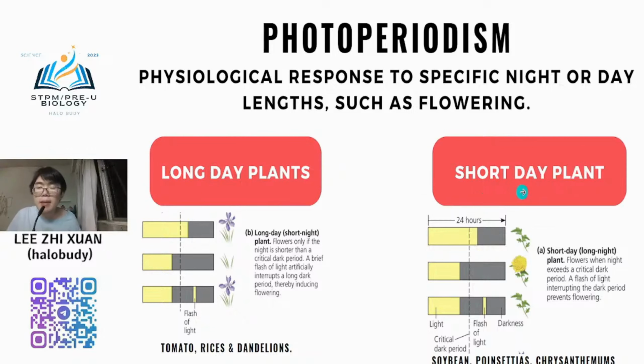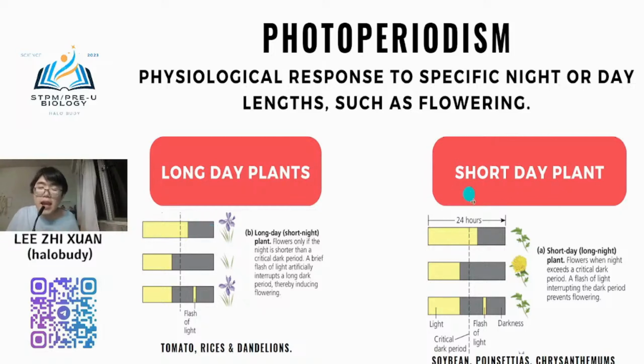Conversely, for short day plants, when the day is less than 12 hours, maybe only 8 hours or 7 hours, it will flower. So these are two different things. Long day plants only flower when the day is longer than the critical point.